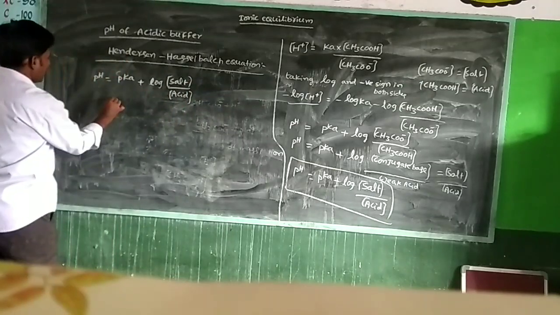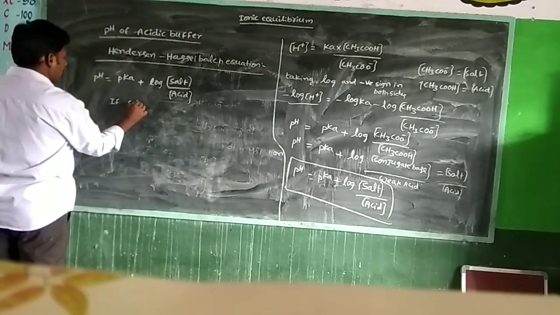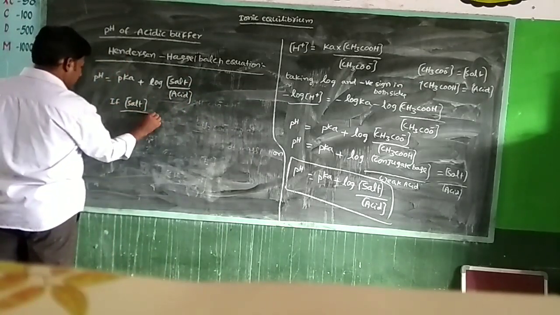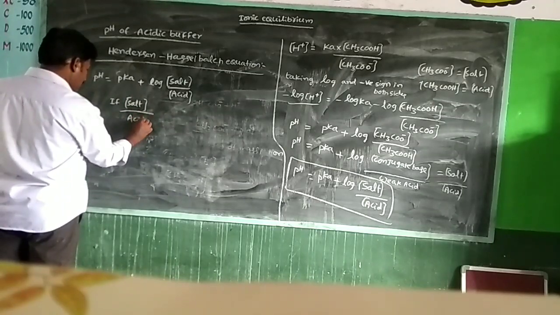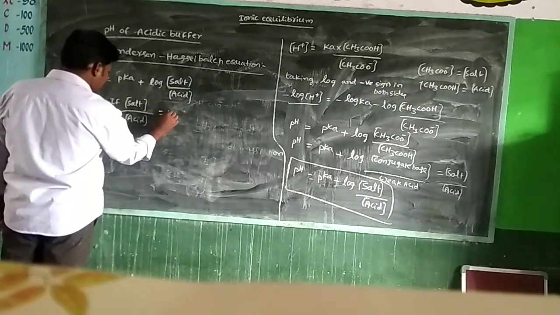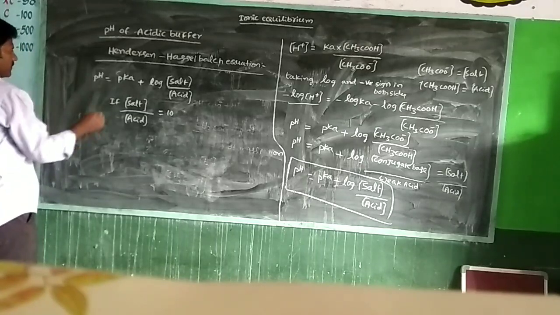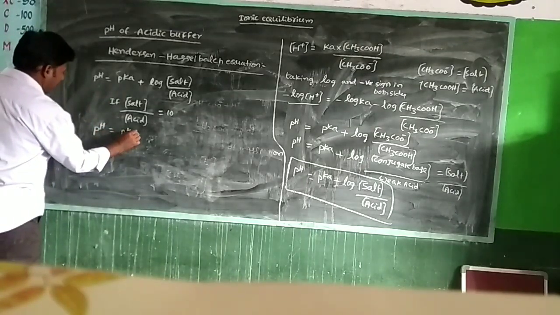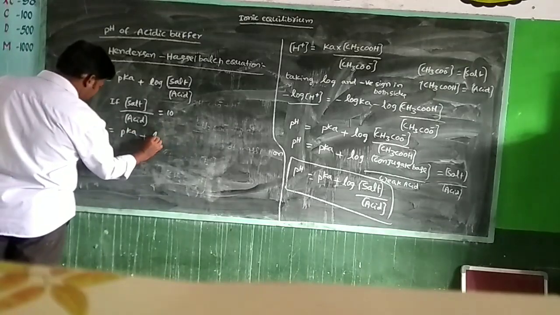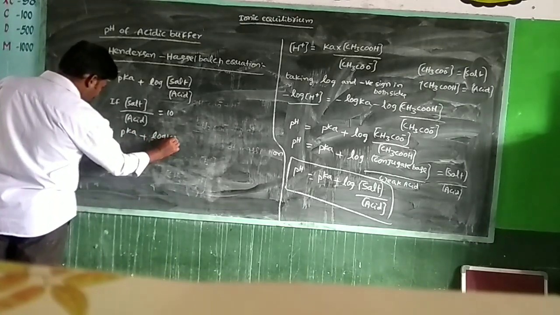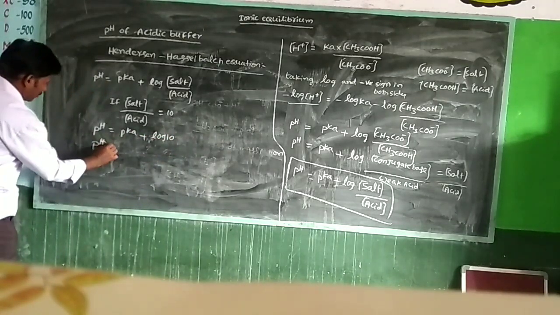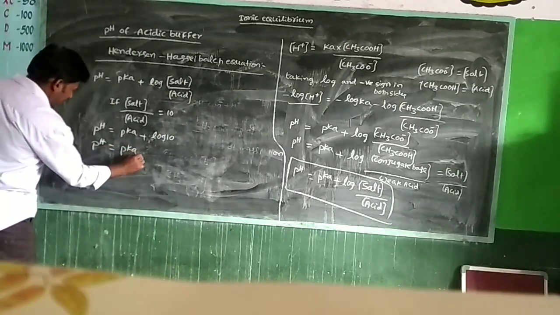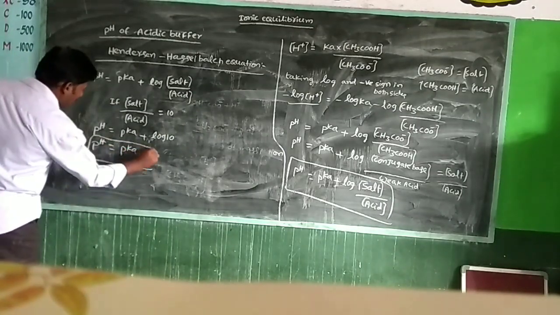If salt concentration upon acid concentration is equal to 10, then pH is equal to what? pH is equal to pKa plus log 10. Log 10 is equal to 1, so pH is equal to pKa plus 1 only.